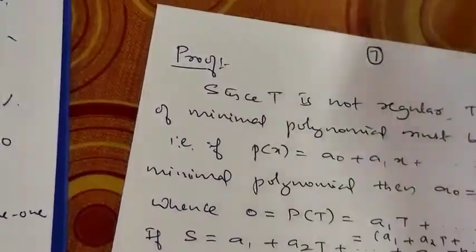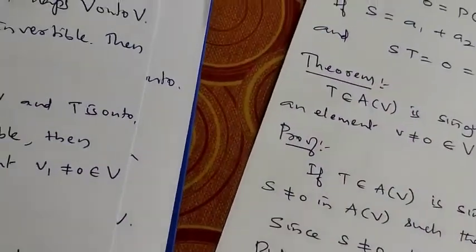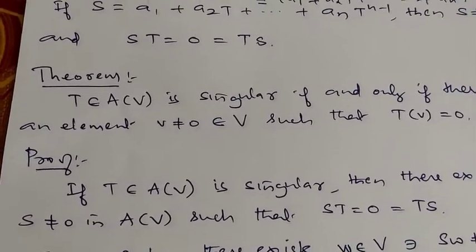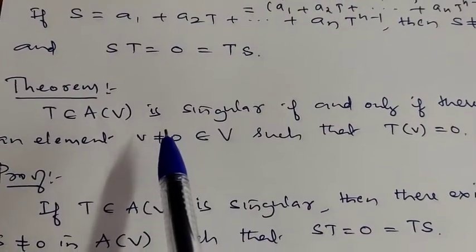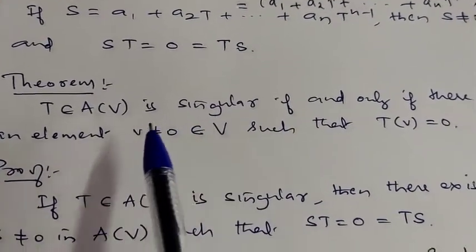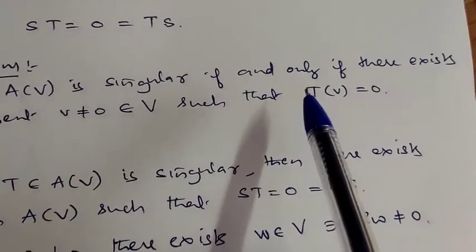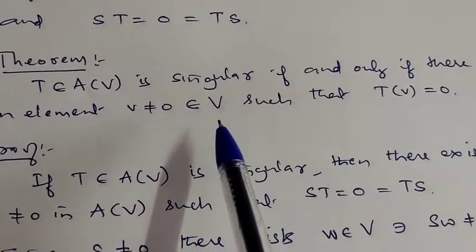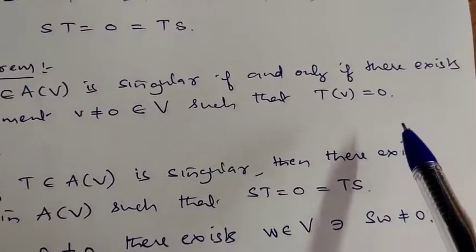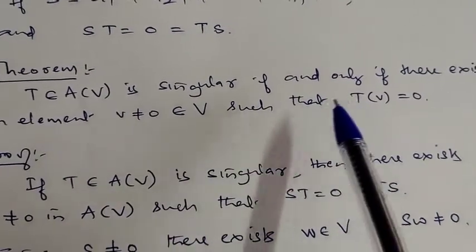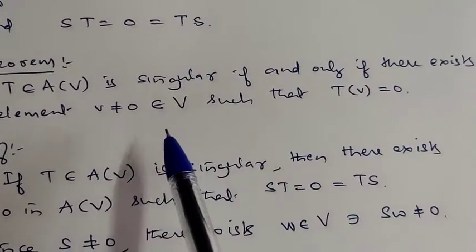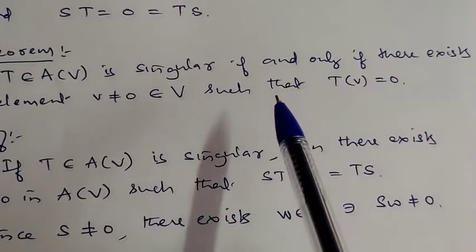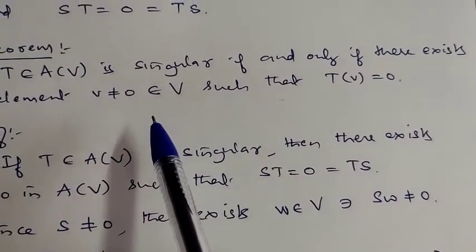Now, the other theorem: this also can be taken as the definition for a singular transformation. This theorem says T belongs to A of V is singular if and only if there exists an element V not equal to 0 belonging to V such that T of V is equal to 0. Means the transformation T is singular if it transforms a non-zero vector to the 0 vector.